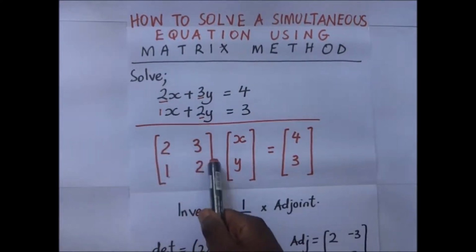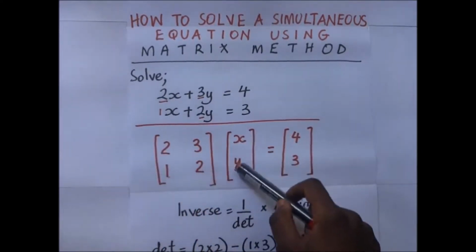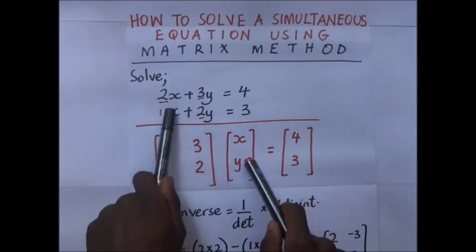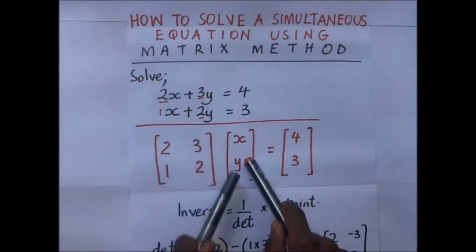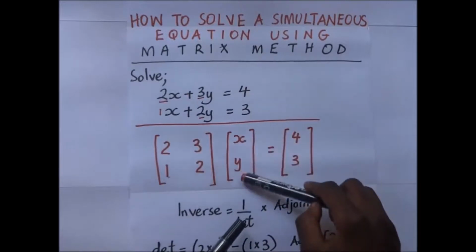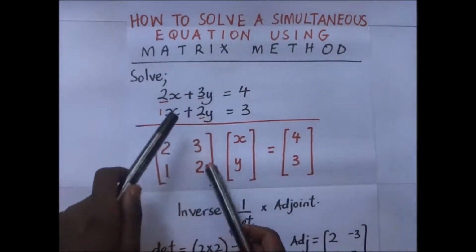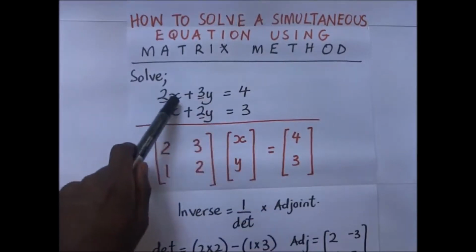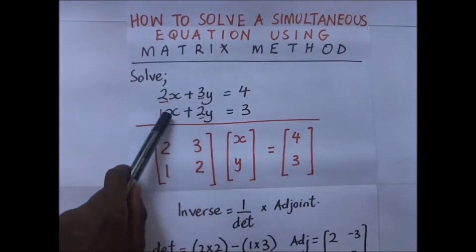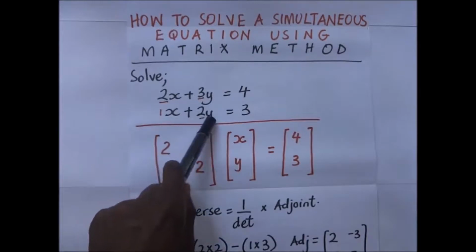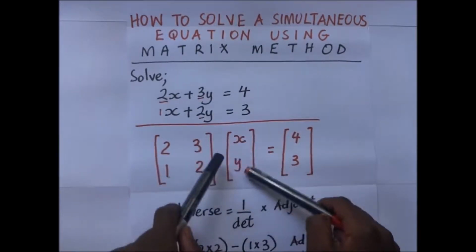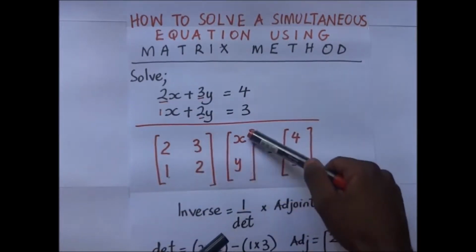We multiply this matrix by the unknowns. The unknowns in this case are x and y. So we follow that order, x and y, because the first term here is x and the next is y. Now if it was reversed, if it was 2y plus 3x, or if it was y plus 2x, then the order of our unknowns here would be y and x.